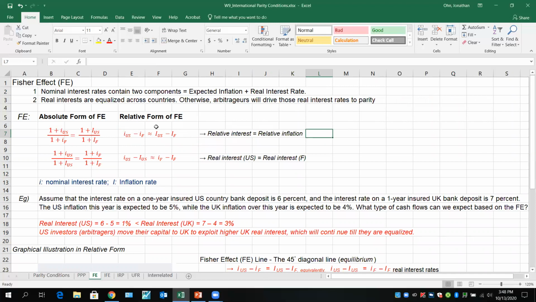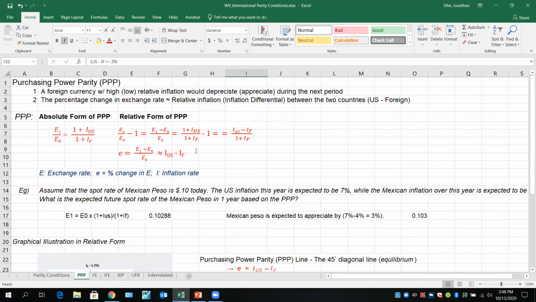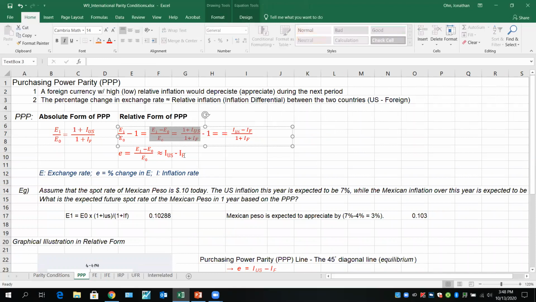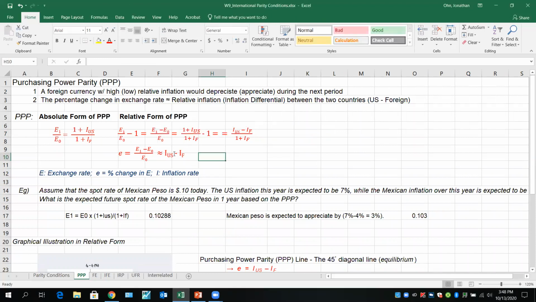This one goes up, then this one goes up too. Then you have to go back to purchasing power parity. If this one goes high, this one goes high. If this one goes high, then the exchange rate will appreciate because this one goes high.